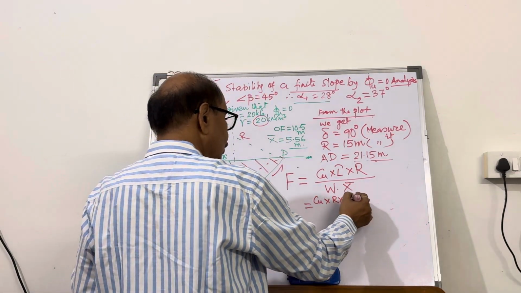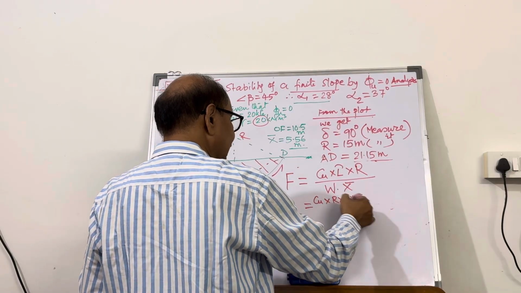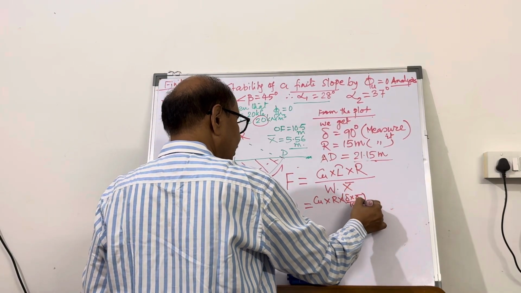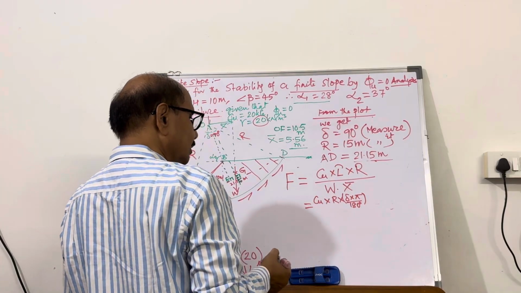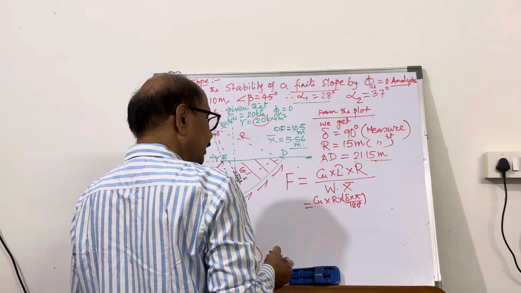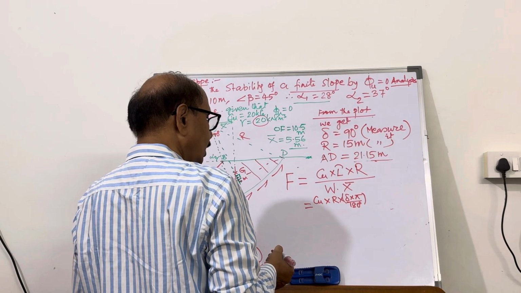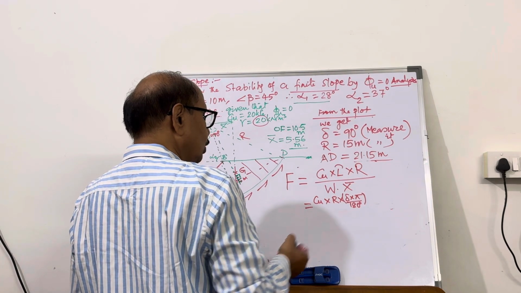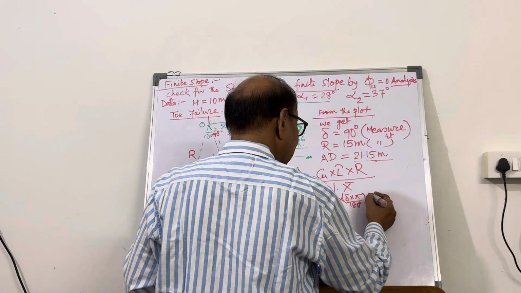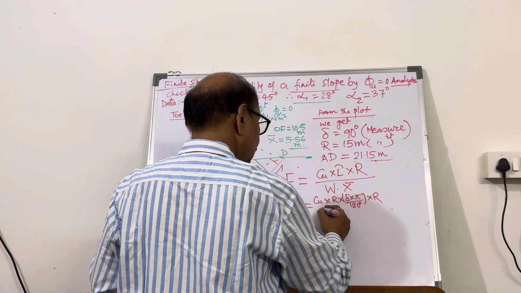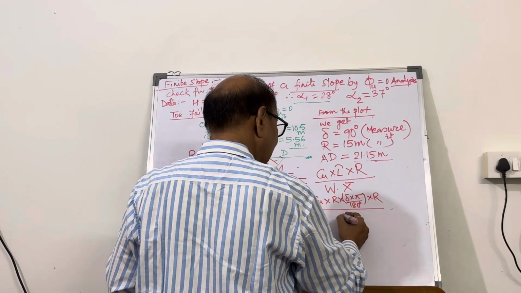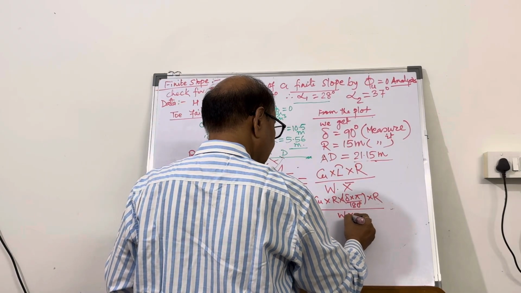So R into delta, delta in radian, by multiplying by pi by 180, you can convert it into radian. So L arc is known and R is already known to you, divided by W x bar.